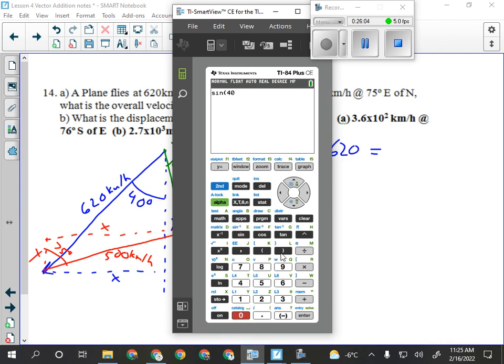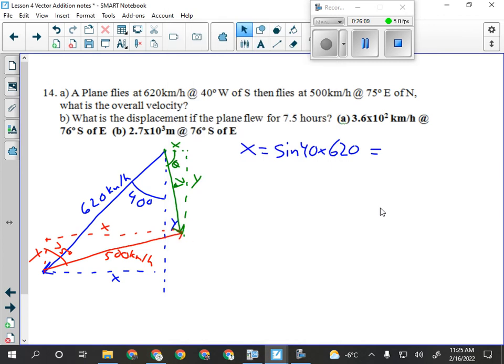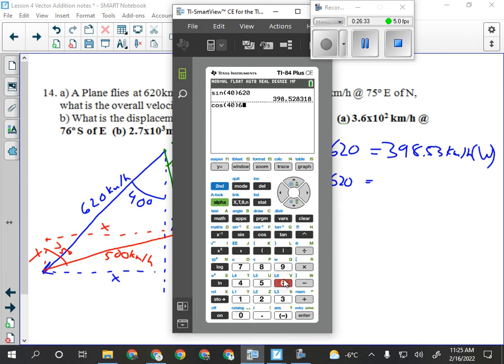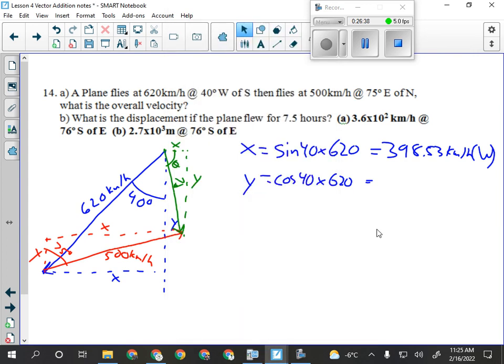Sine of 40 times 620 gives me 398.53 kilometers per hour, and that will be west. Okay. Y is the adjacent side to that 40-degree angle, so that's going to be cos of 40 times 620. And that's 474.95 kilometers per hour south.